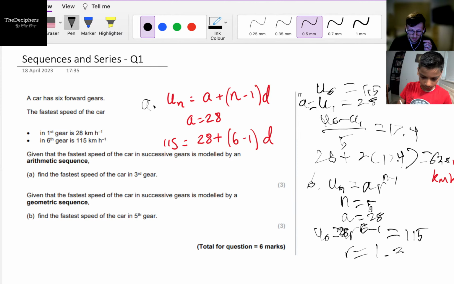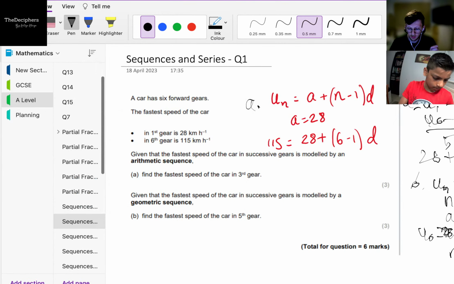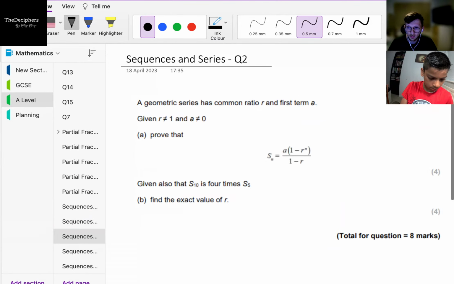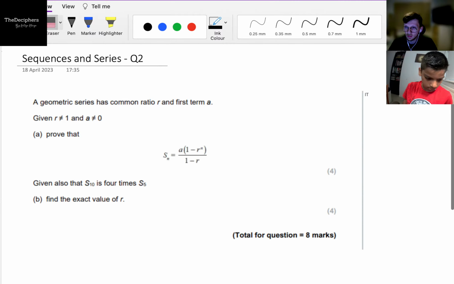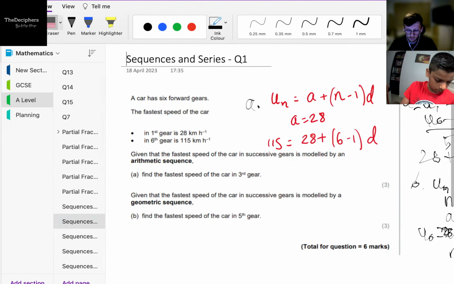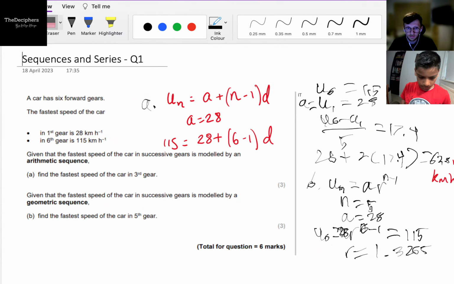R is 1.3265. So we found r, but what's the question asking for? We want to work out the speed in 5th gear, then 28 times r.